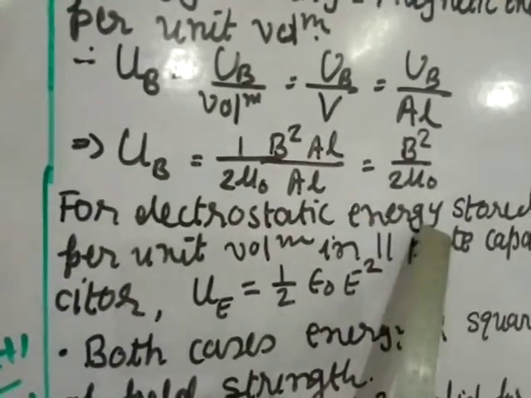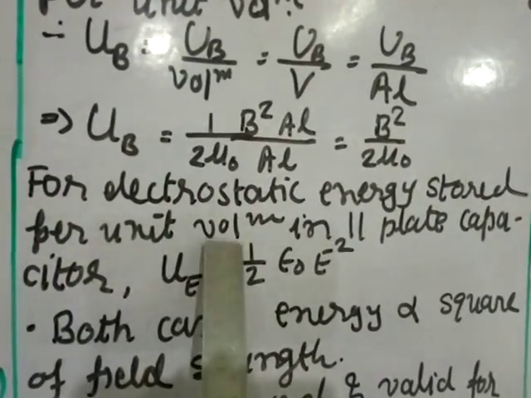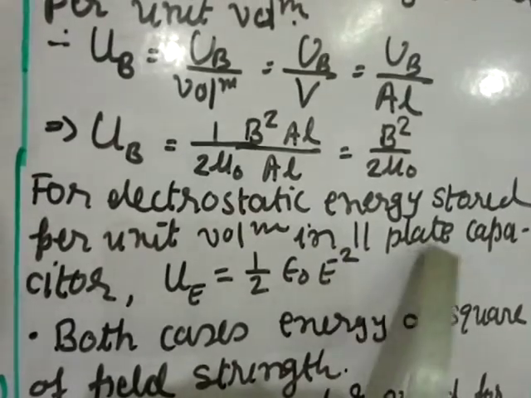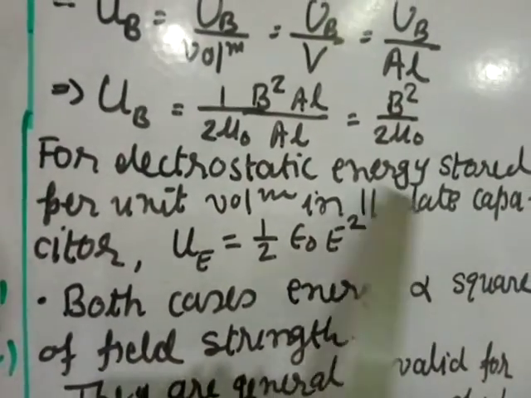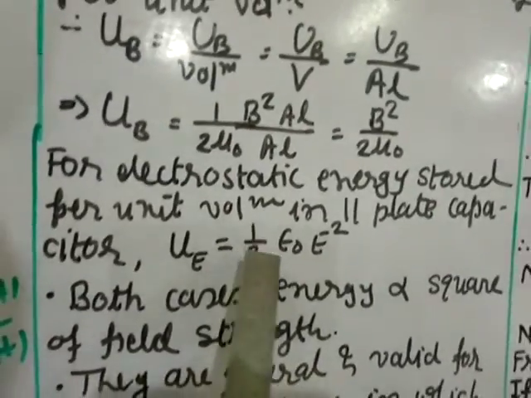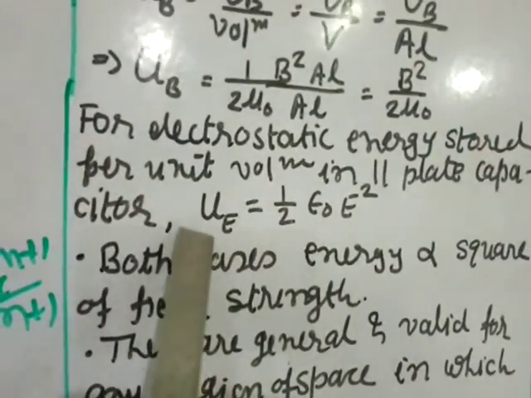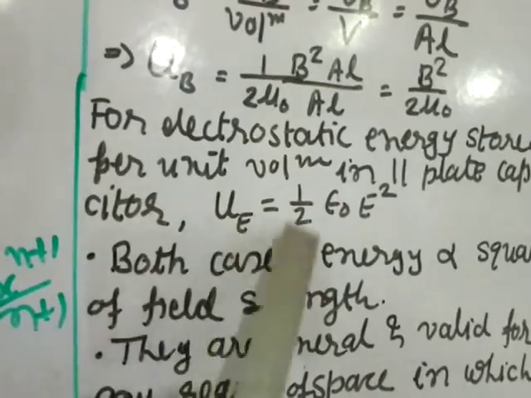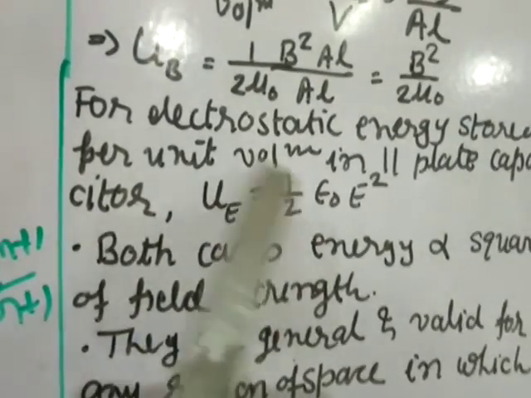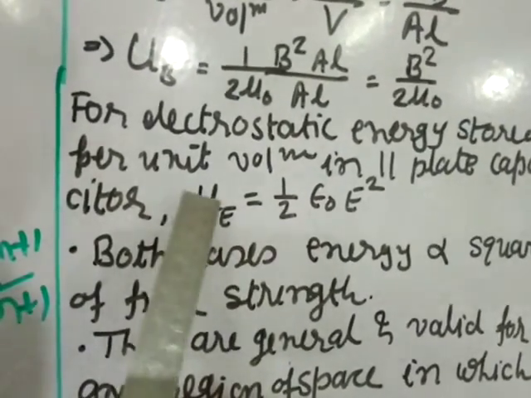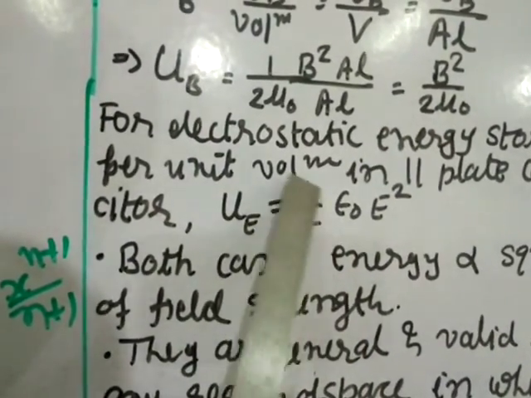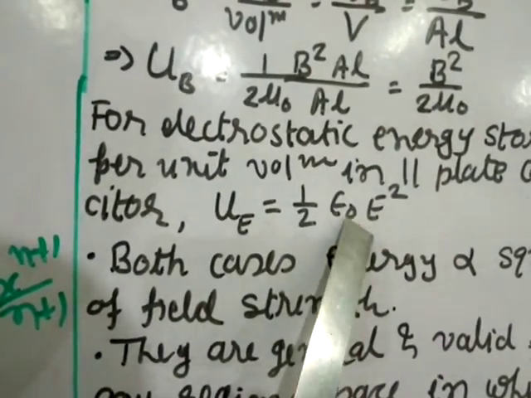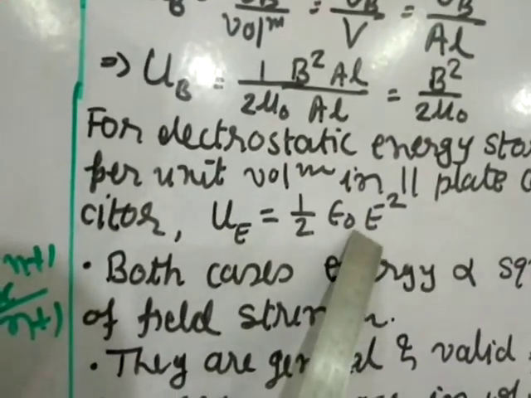For electrostatic energy stored per unit volume in a parallel plate capacitor, UE is equal to 1 by 2 epsilon naught E square. This we have done in chapter 2, where we found the electrostatic energy stored. This is the energy density for electrostatic. Now in both cases, here B square by 2 mu naught, here 1 by 2 epsilon naught E square, that means both are proportional to the square of the field.